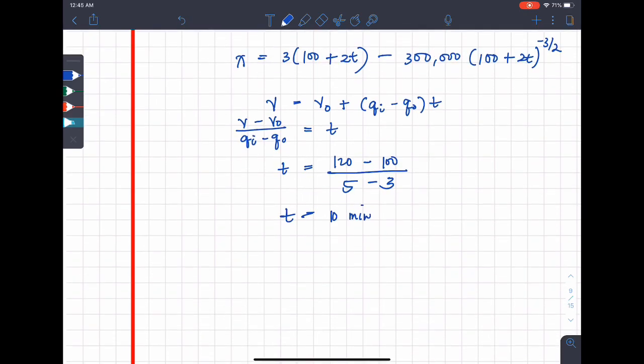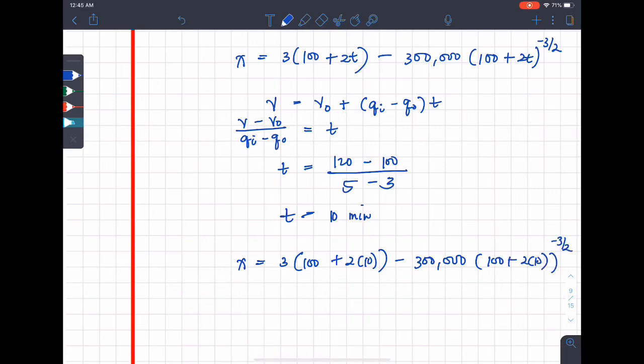To determine the amount of salt at the time it overflows, we can now substitute t equal to 10. So 3 times 100 plus 2 times 10, minus 300,000 times 100 plus 2 times 10 raised to negative 3 over 2.